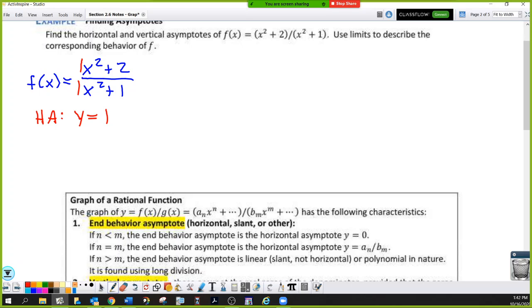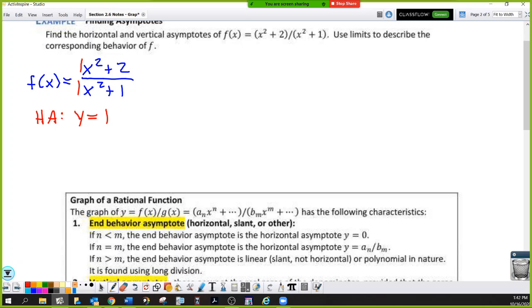We've been asked to use limits to describe the corresponding behavior. Well, the definition of a horizontal asymptote is what the graph is doing at the two infinities, at both sides, positive and negative infinity. So without even using limits, we know that the limit as x approaches negative infinity is equal to the limit as x approaches positive infinity is equal to 1.